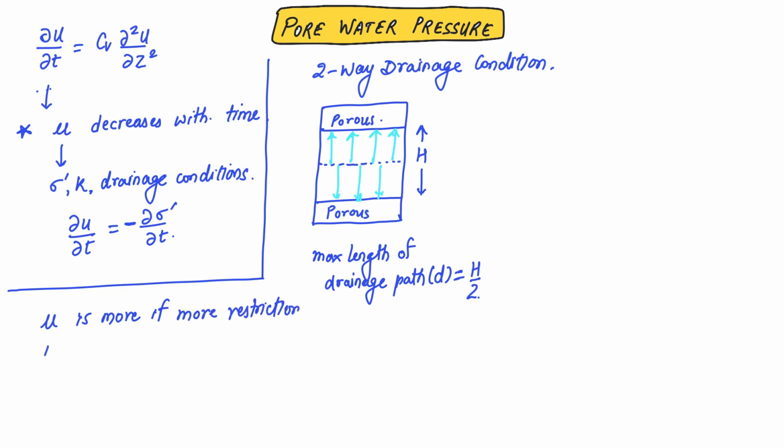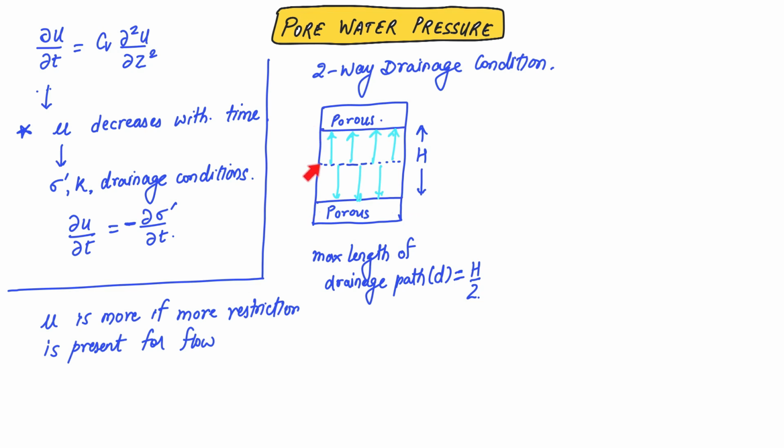And can you tell me where will be more restrictions? Obviously, you can say that at the exit there is no restriction to flow, because after that the flow will be through the porous stone or through the pipe. So the restrictions are minimum at the exit on both the sides.